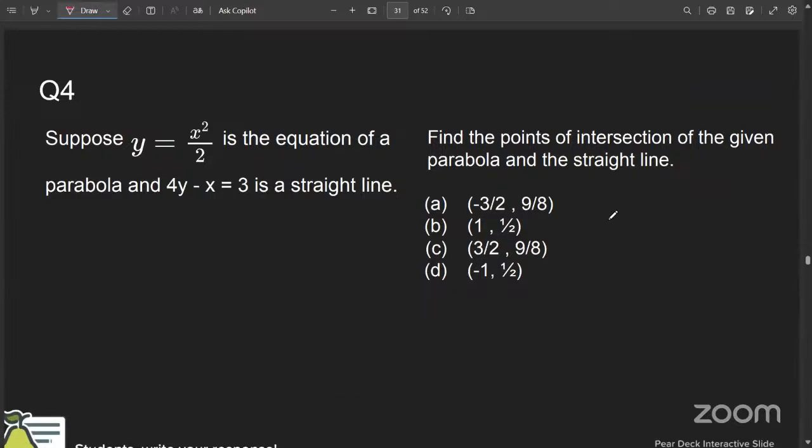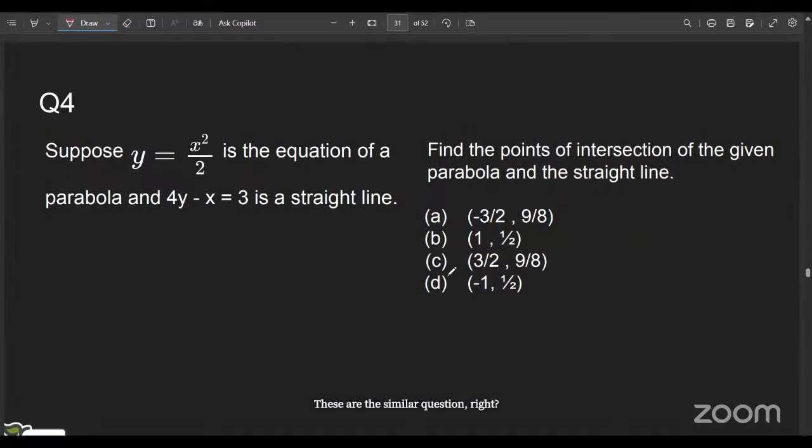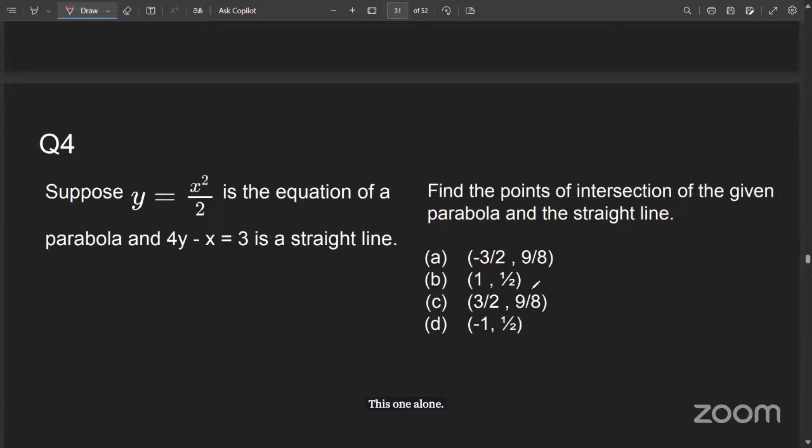These are similar questions, right? They all are similar. 5th, 6th, 7th, 8th. I'll report it to someone. They are not shuffling it well, right?